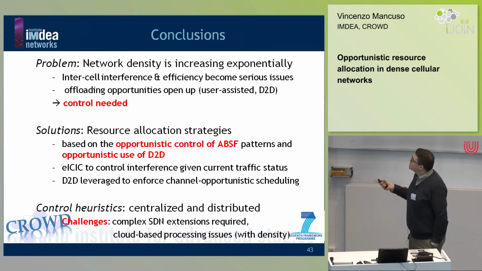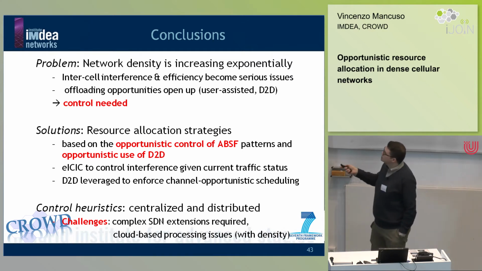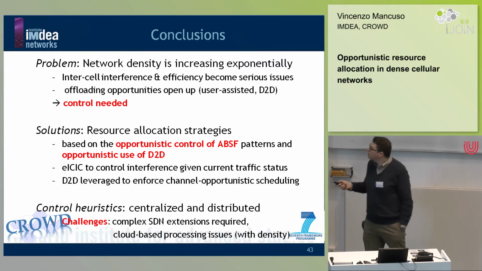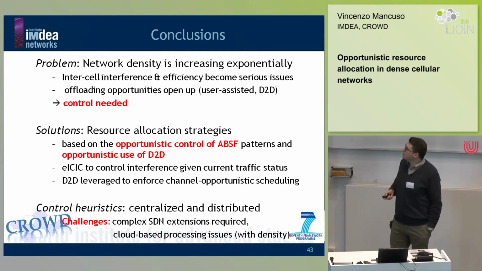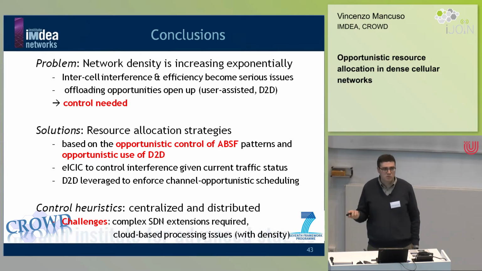The control heuristics could be centralized or distributed, but the challenges in those cases are that we can have complex SDN extensions to be implemented, and cloud-based processing issues that don't scale with the density, which should be taken into account the moment you really go for implementation.